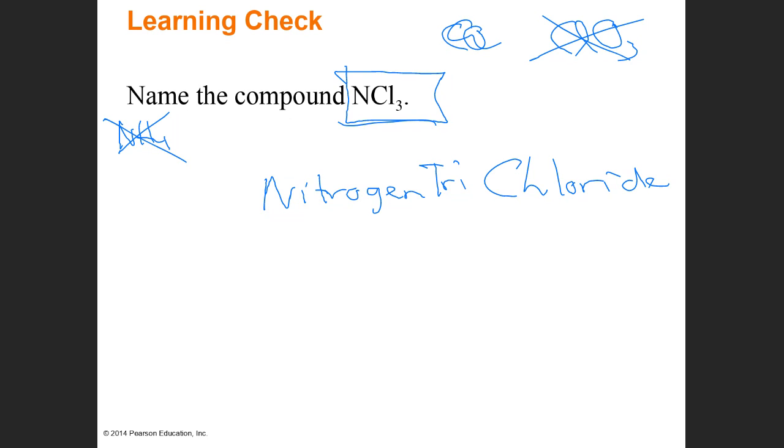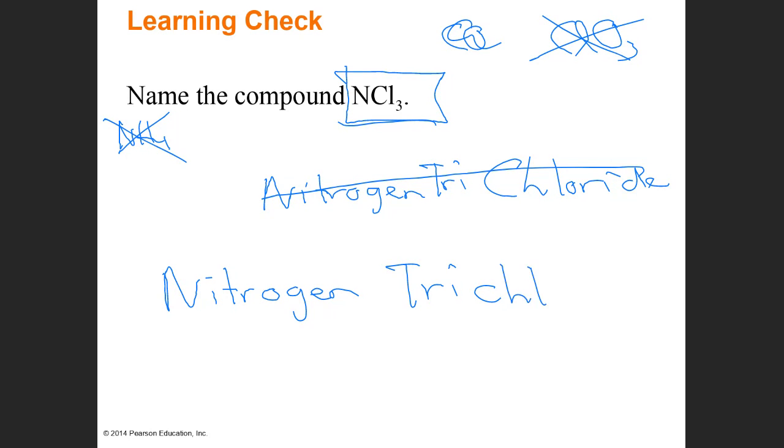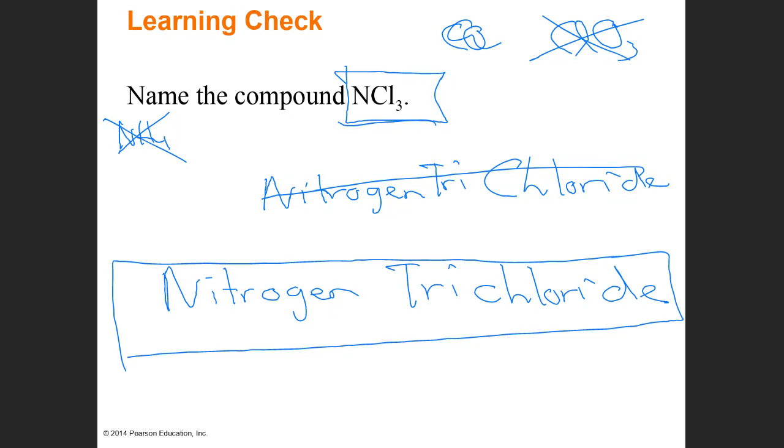Because this does not have a metal, I'm going to use the covalent rules. So in that case, I need to use the prefixes. So I have nitrogen trichloride. Okay. So for molecular compounds that don't involve ions, we need these prefixes.